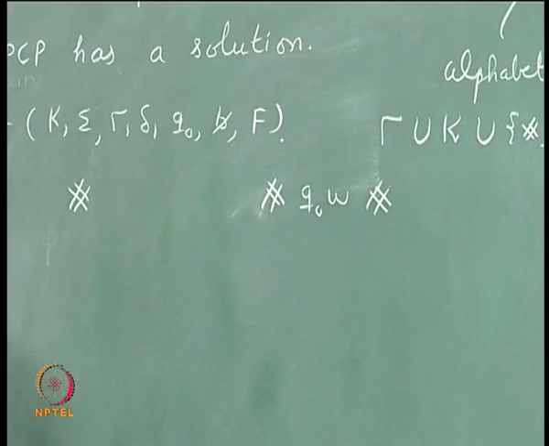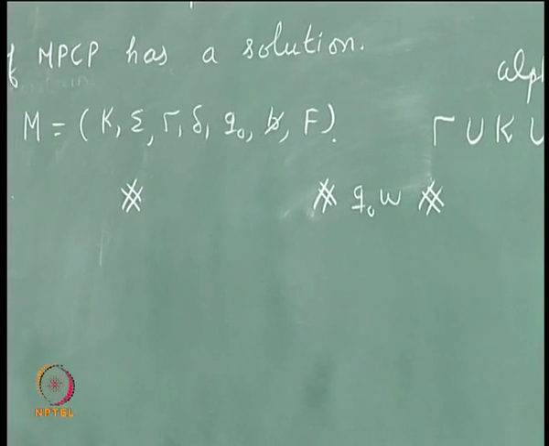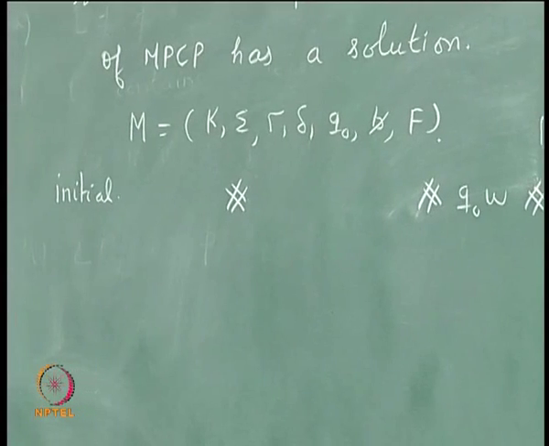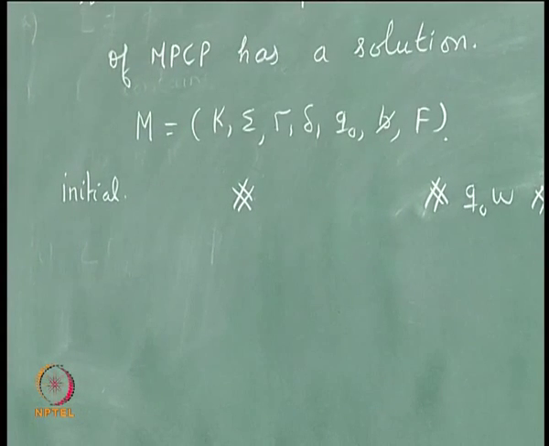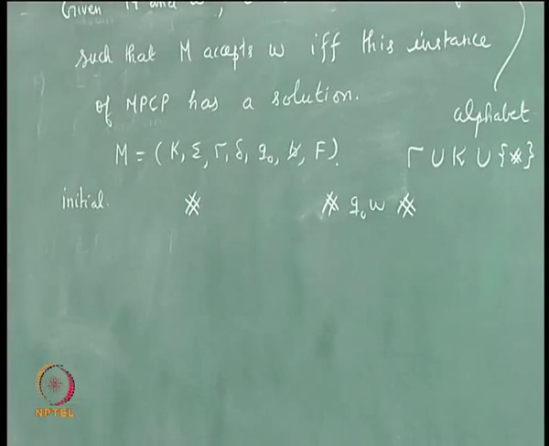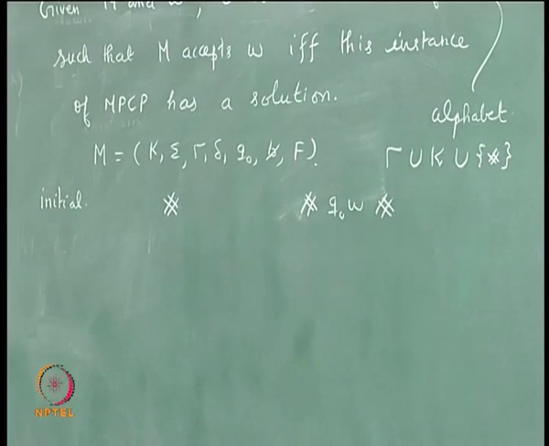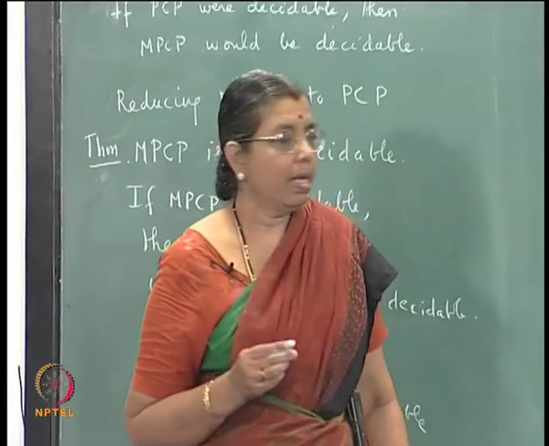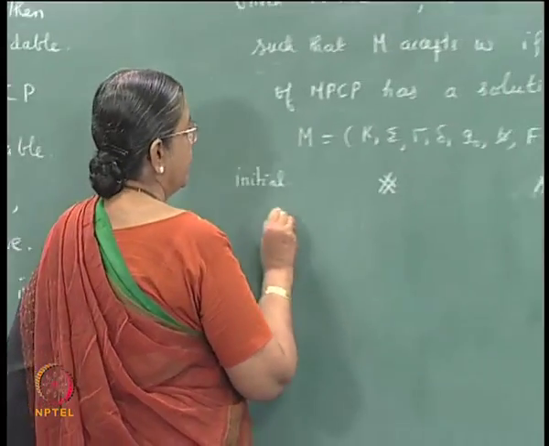Q naught W is the initial ID. If you remember, for W when you want to start, the initial ID is Q naught W. That initial ID is put between 2 hashes, and first this pair is just hash.